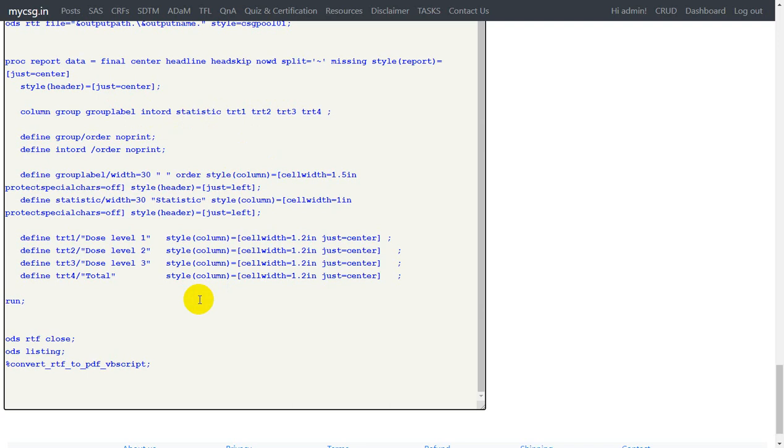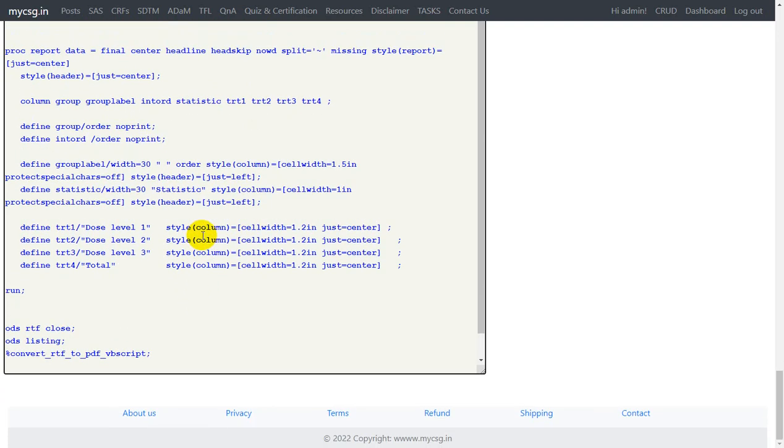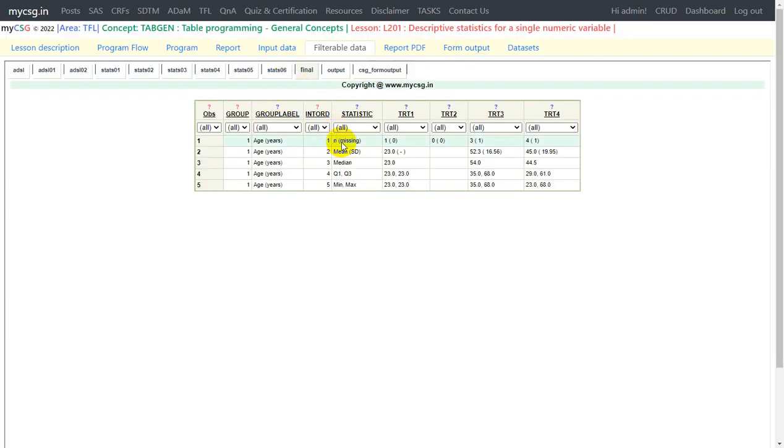In future lessons I'll cover extensively how to write proc reports, so I'm not going through it in depth. Here I have used the group variable for ordering, as a non-printable column, and similarly the int order variable which has the order for statistics, as this need not be printed, but we have to sort the records based on the values present in this variable.